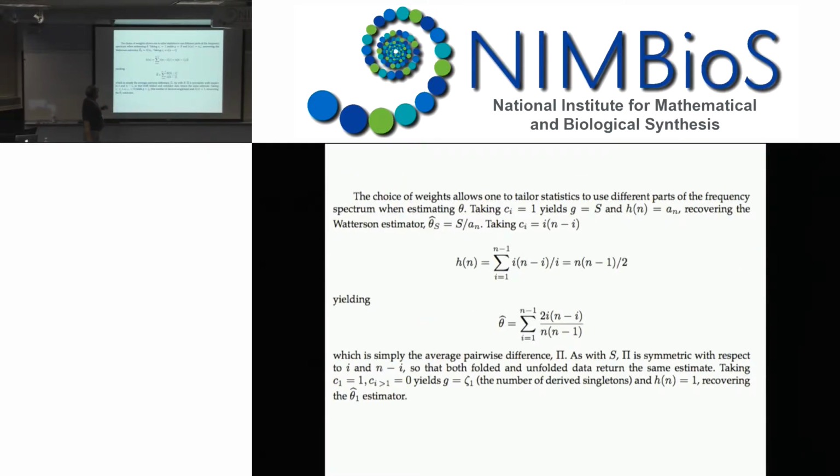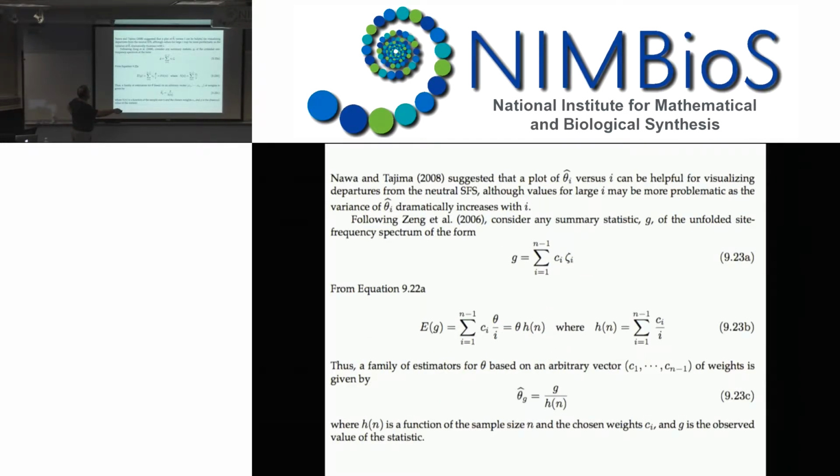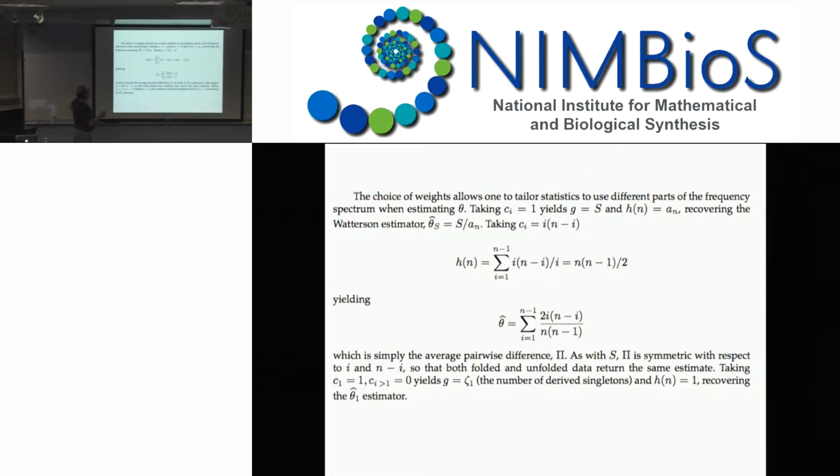So, for example, if I weight every site equally, that's just counting up the number of segregating sites. That gives me S. If I then plug this in, 1 over i, that's that a_n expression I had before. If I take C as these weights, that then gives me my Tajima estimator.